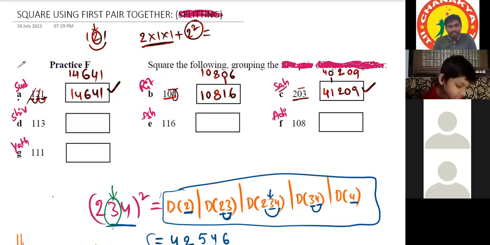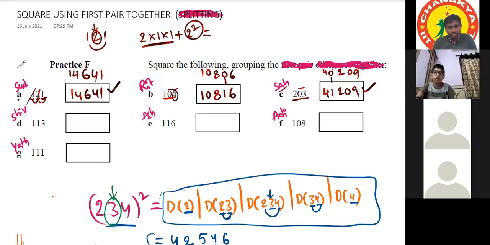Then Shobhranov, proceed. Duplex of 1 is 1 only. And the duplex of 11 is 2 into 1 into 1, 2 only.